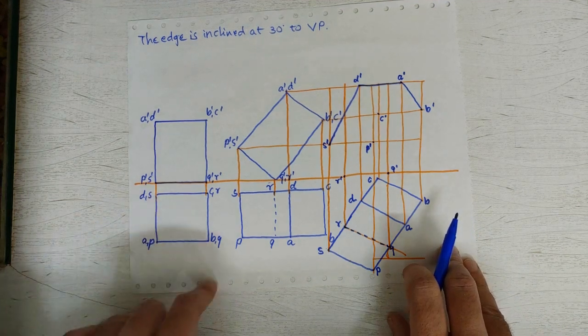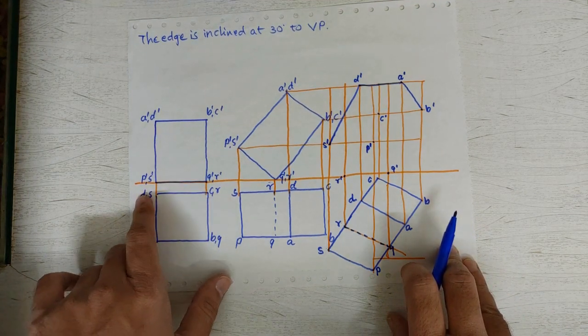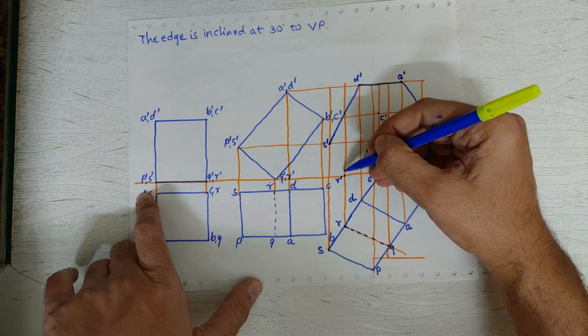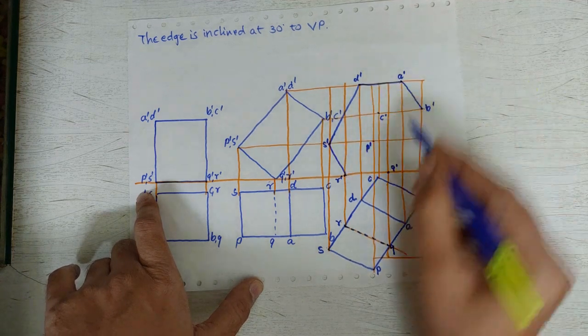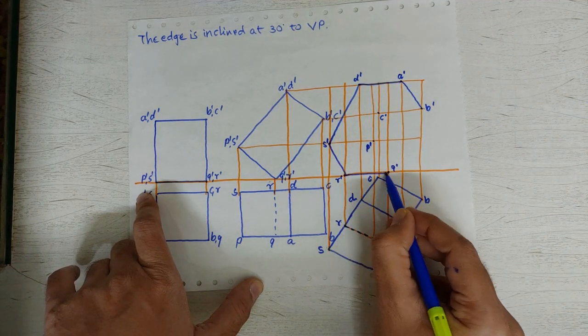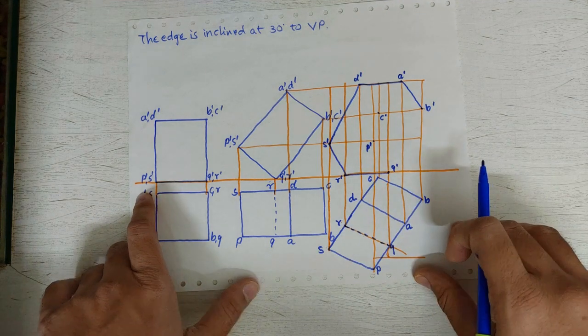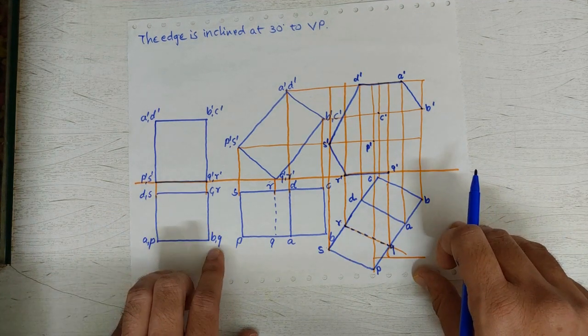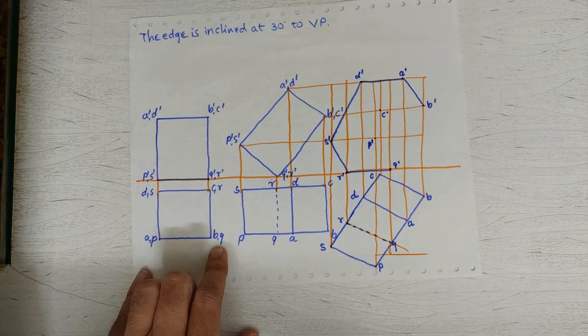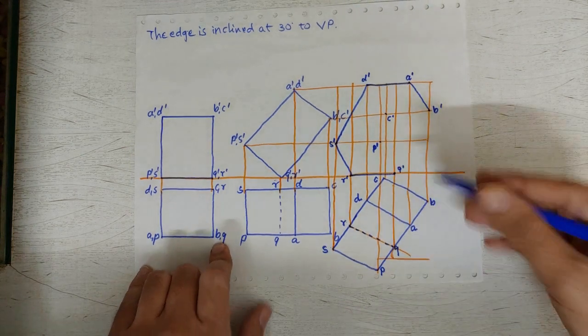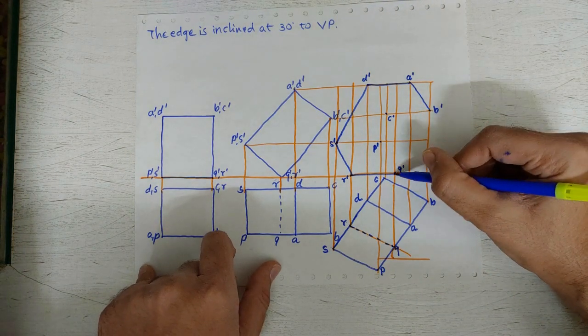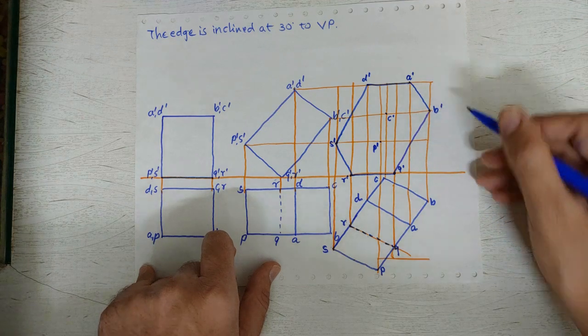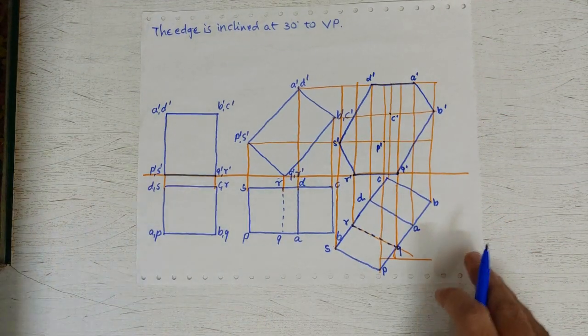Also we know from this view that P, Q, R, S are connected, so S must be connected to R, R must be connected to Q, and here we can see that B is connected to Q, so we need to connect Q prime with B prime. So these all are outlines, this can never be hidden.